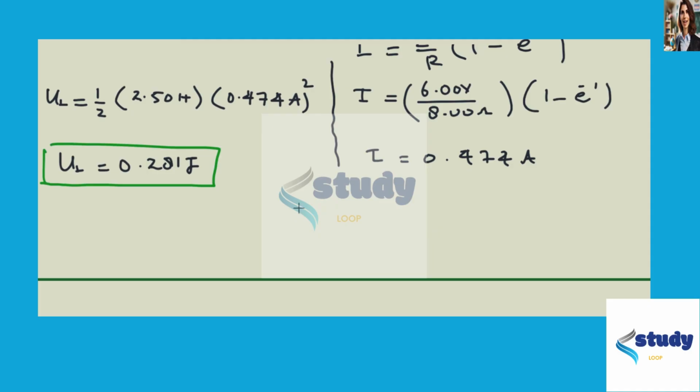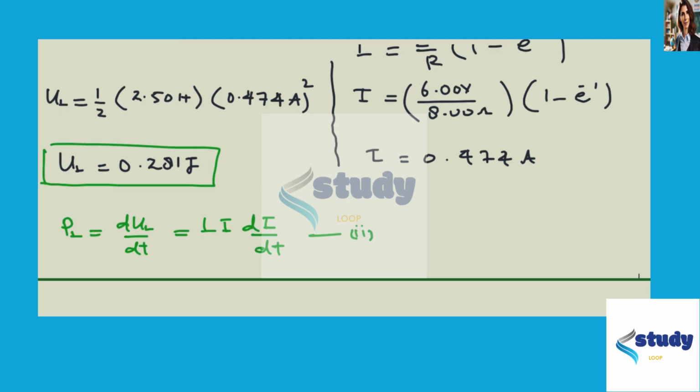Now let's take the equation from exercise 30.27, where the power PL is written as PL is equal to dUL divided by dt, and this can be further written as L i di divided by dt. We call it equation number 2.